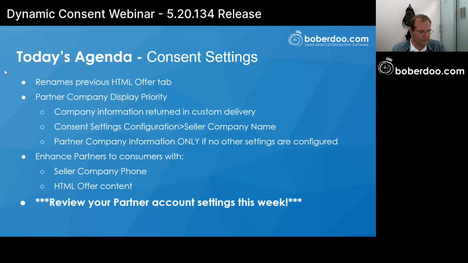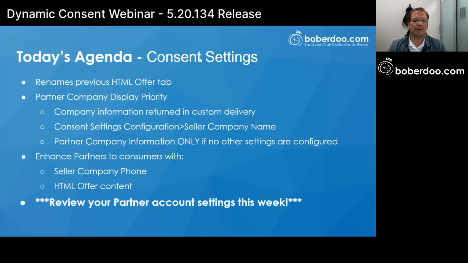You may have the companies referred to as different names or different terms, things like that. Companies may give you specific legal company names that they need to be displayed to the consumer.